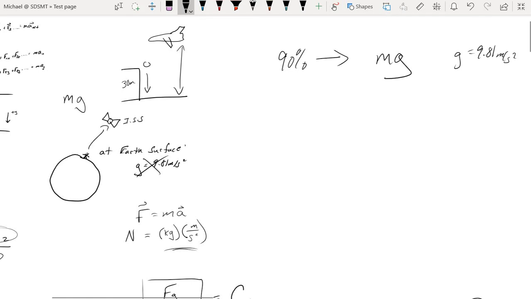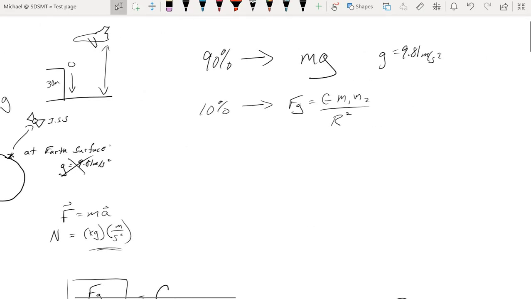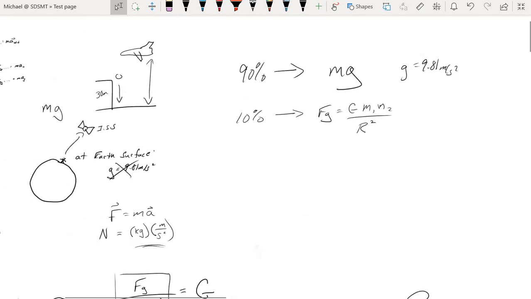The other percent of the time, maybe not even 10%, but if we ever find ourselves not on the surface of the Earth, then we will need to use Newton's law of gravity to figure out what the force of gravity is going to be.